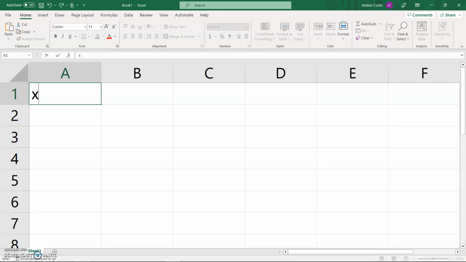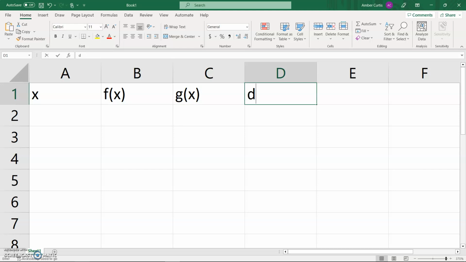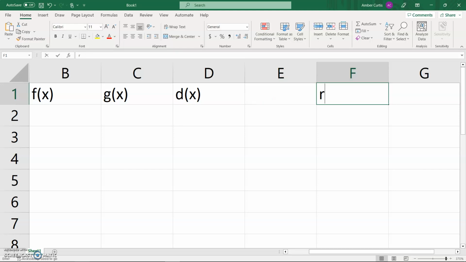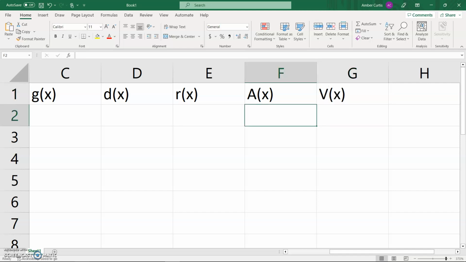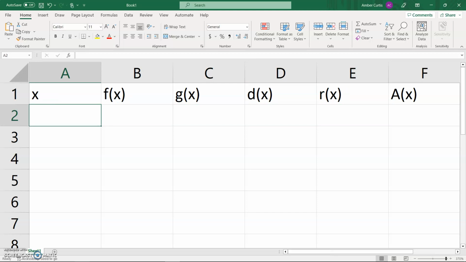I'm going to start with the headings X, f of x, g of x, d of x, r of x, a of x, and v of x. And now I'm simply going to tell Excel the information. So my first cross section began at negative 1.25. So I'm going to put that as my first x value.